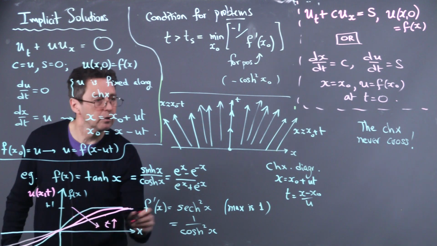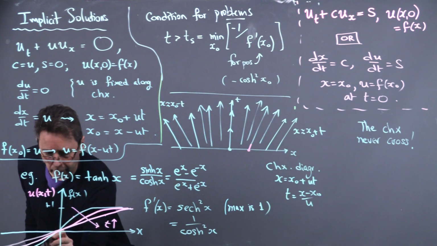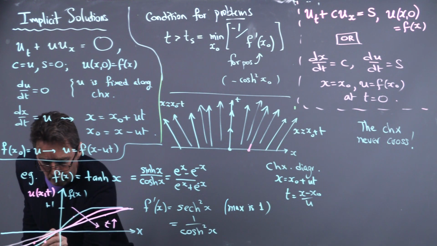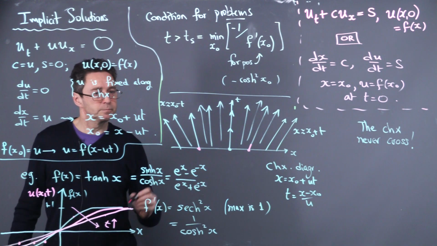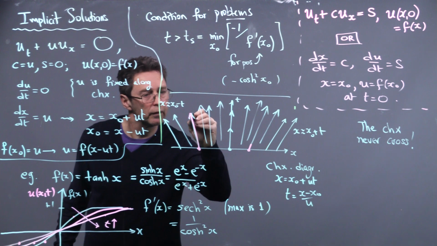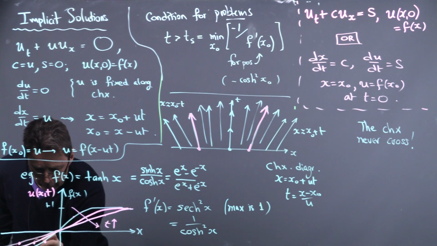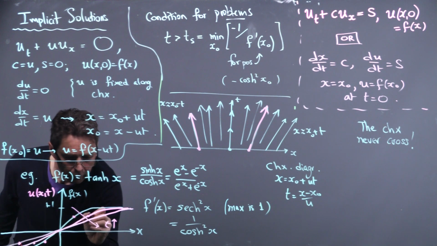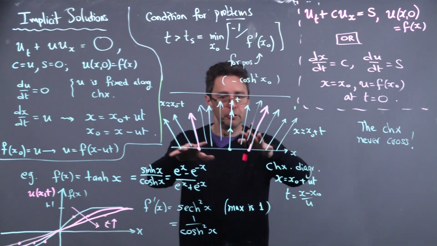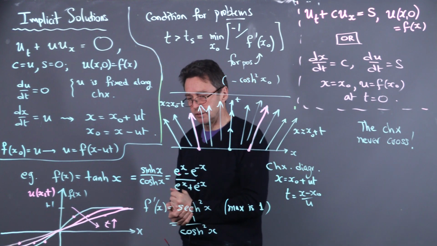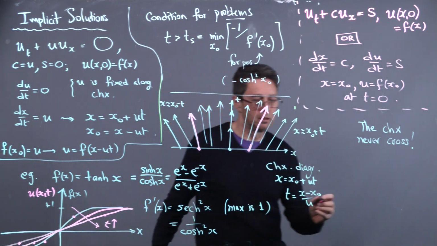That point there could correspond to, say, this characteristic here, and this one there could correspond to this one. These points and those points. And they're spreading out, so the u has to spread out because u is transported along the characteristics. That's the information that's being carried along. So that's what it looks like.